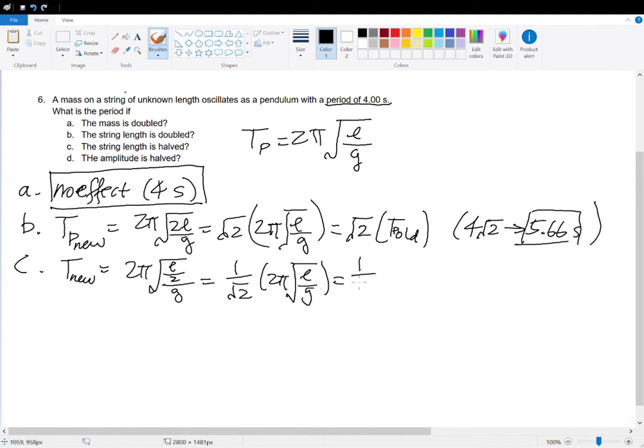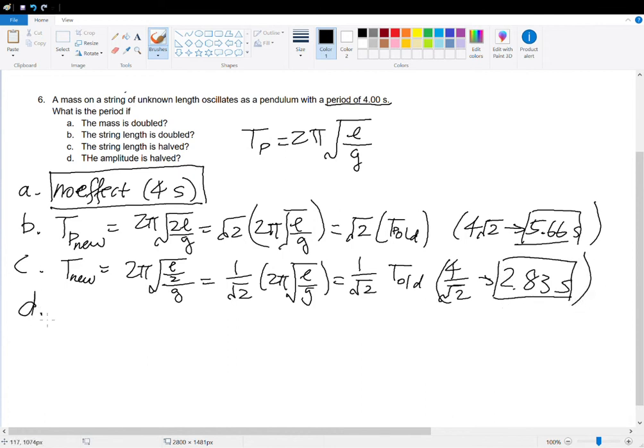So therefore, this is just 1 over square root 2 of the original period. So therefore, we can just multiply 4 divided by square root 2. So this is equal to 4 divided by square root 2 seconds, which is just 2.83 seconds, if we account for sig figs, because the problem gave us some sig figs.